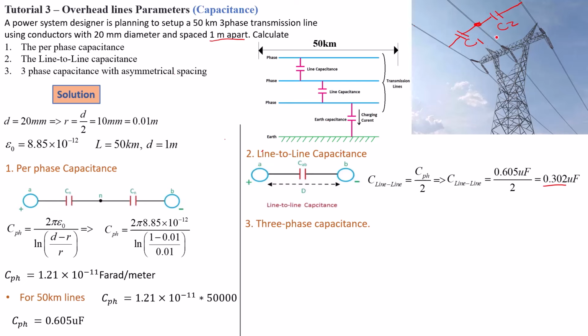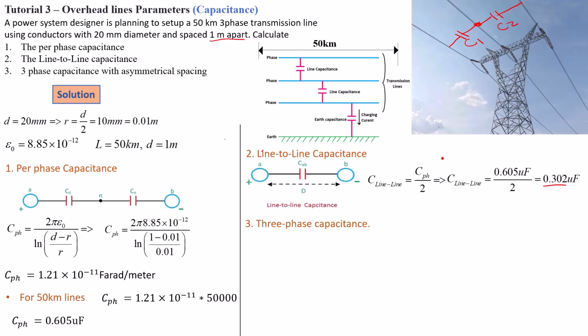If this distance and this distance are equal, to get the capacitance of this line we just multiply this capacitance by 2, because they are equal. It's the same thing we did when we calculated for a single phase.